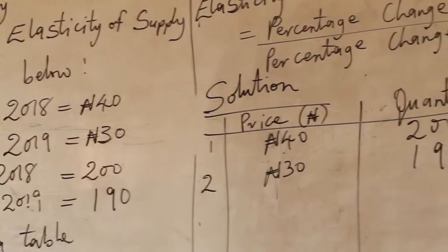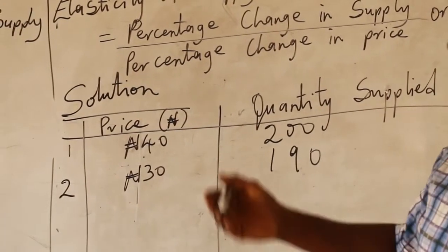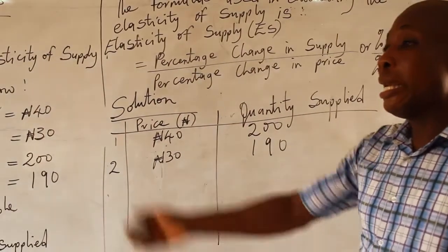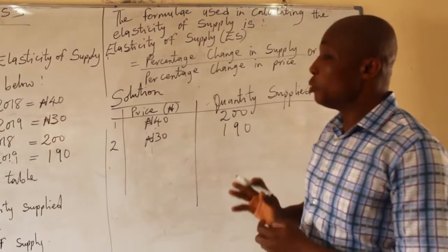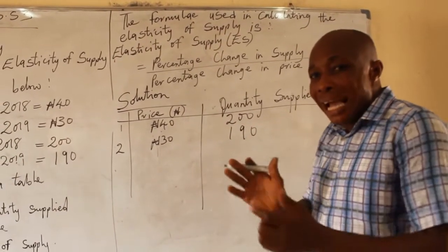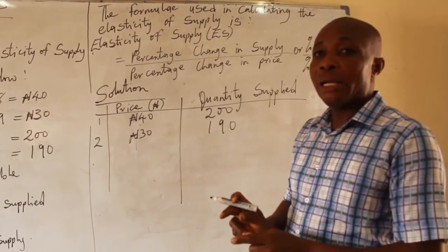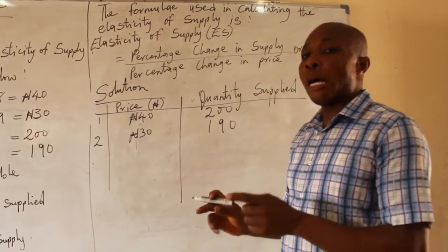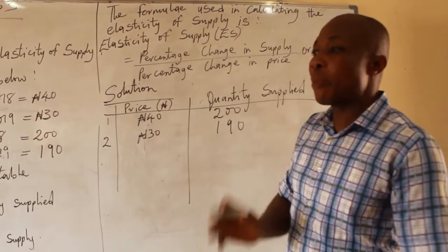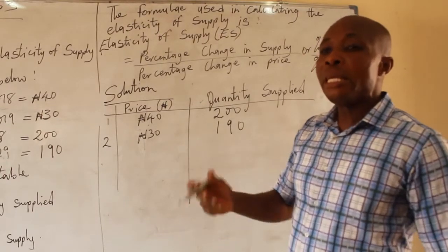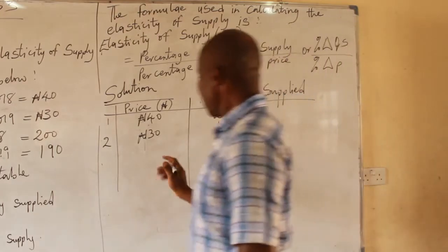And if you look at it, this is just the first law of supply that says the higher the price, the higher the quantity supplied. But what we are now going to do is to determine how change in price determines the quantity of a commodity supplied.